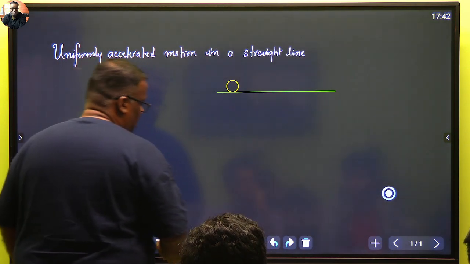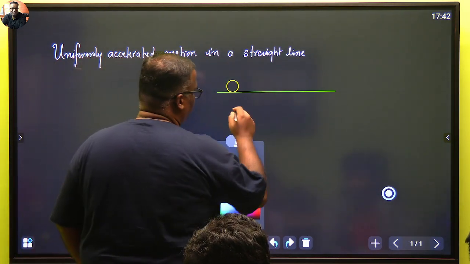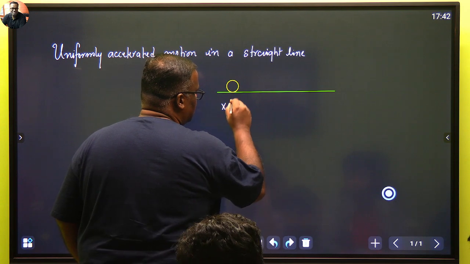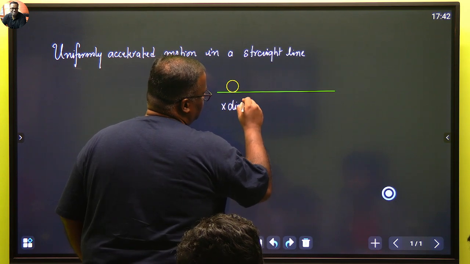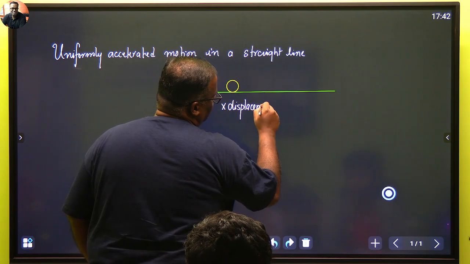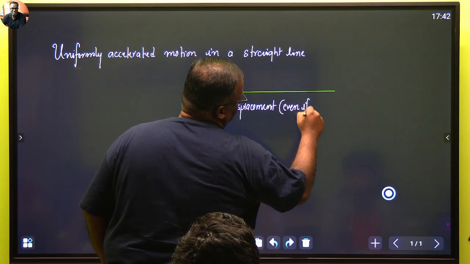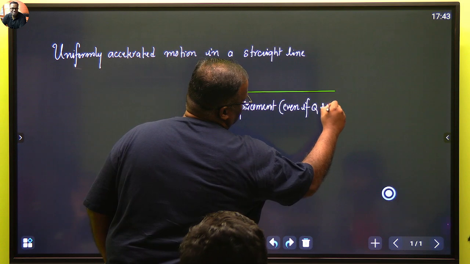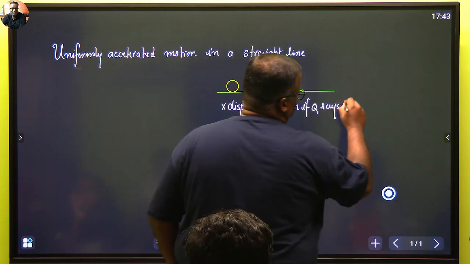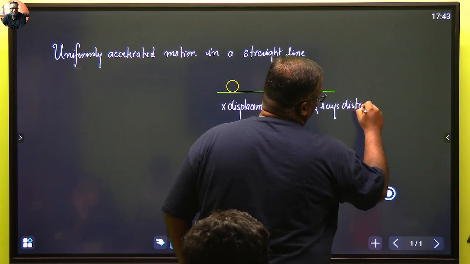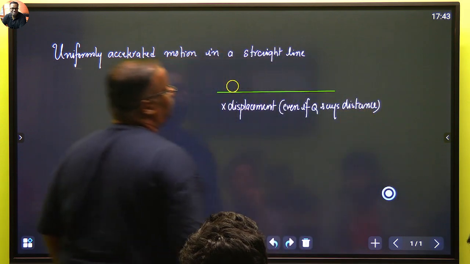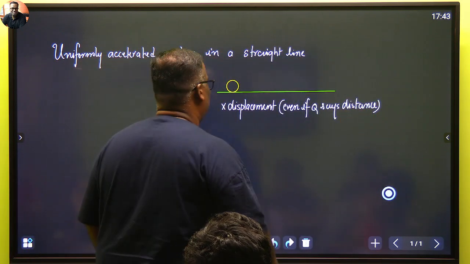That means everything that the body covers will be nothing but displacement. Now we are supposed to see fine points of our chapter. Even if the question says distance, everything will be displacement.